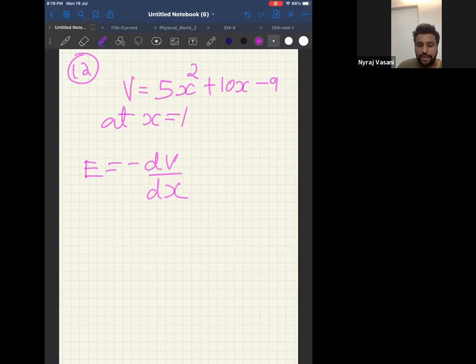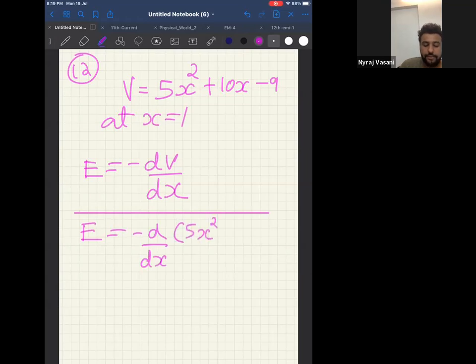E is equal to minus d by dx of 5x square plus 10x minus 9. Differentiation of 5x square will be 10x, plus differentiation of 10x will be 10, minus 9 will be 0.